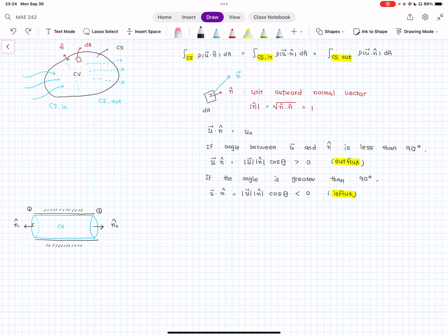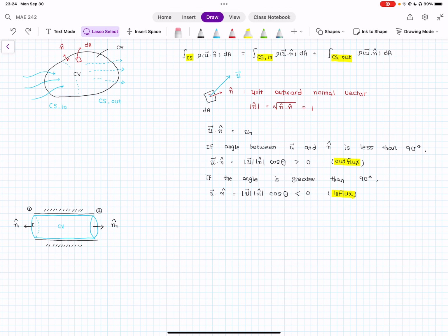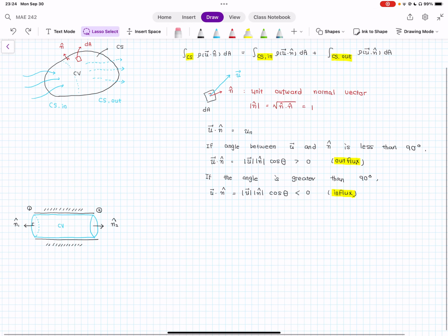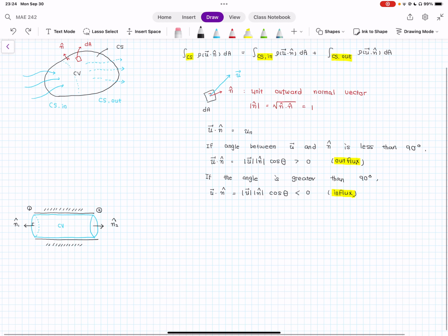So then let's try to evaluate this mass flow rate here on surface 1 and surface 2. But first of all, let's think about case 1, where velocity is uniform on surface 1 and 2.